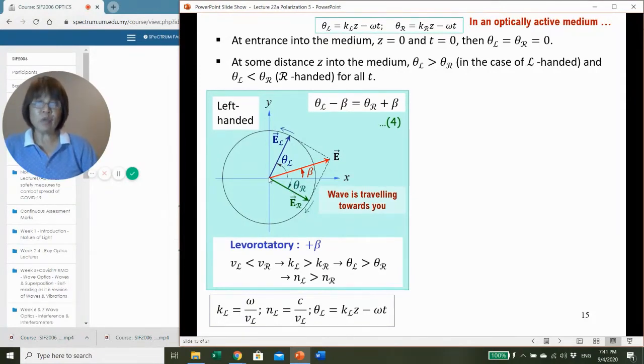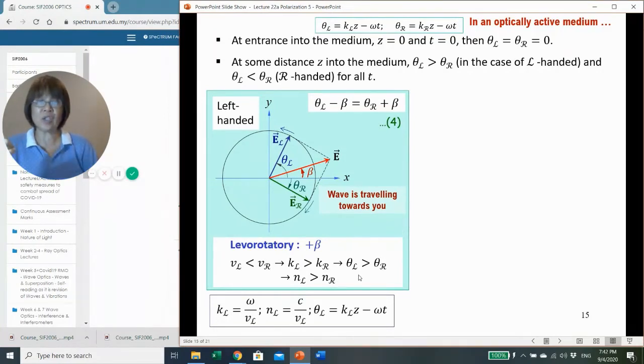The resultant would be the diagonal of this parallelogram, and you'll find that it has a positive beta. The net rotation is a positive angle beta. So the relation between these angles is theta L minus beta equals theta R plus beta. That's equation 4 here. For this left-handed rotation, which is levorotatory, you get positive beta.